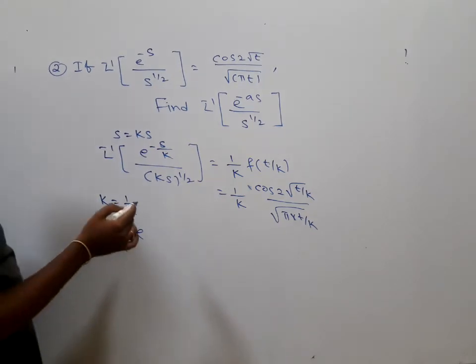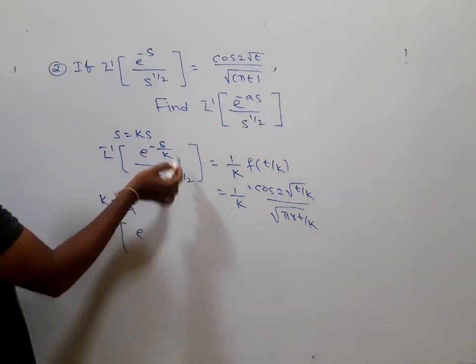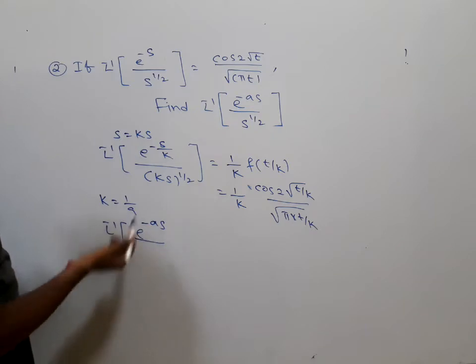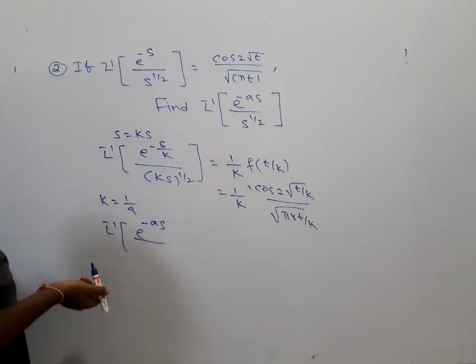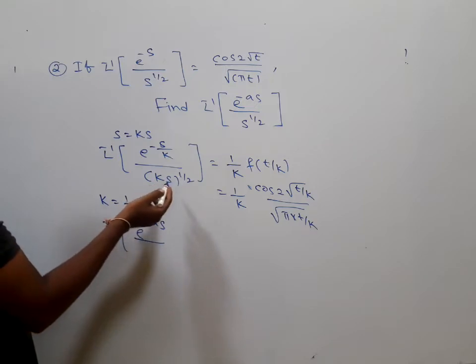It becomes, what we expect, s divided by 1 by a coming to the numerator, minus as divided by, here k equals to 1 by a, 1 by a into s.